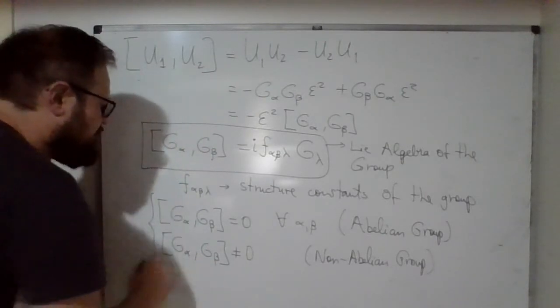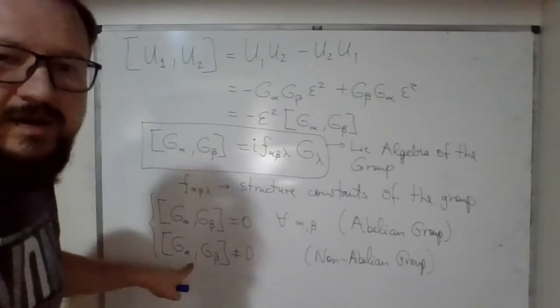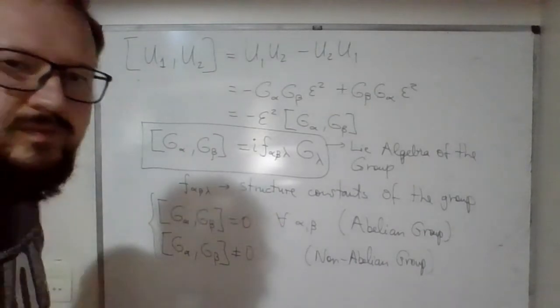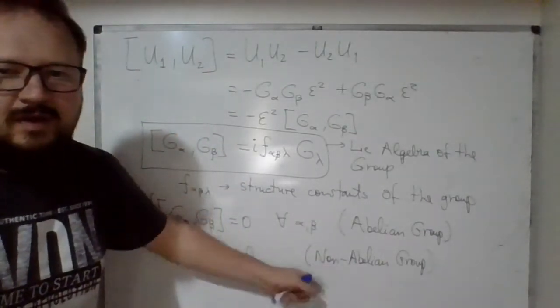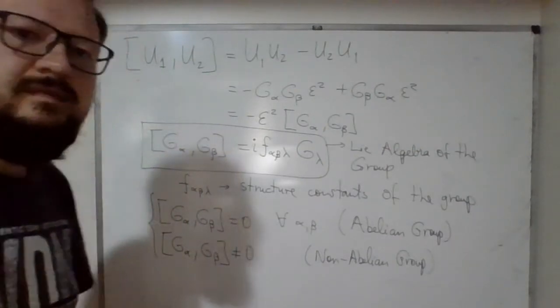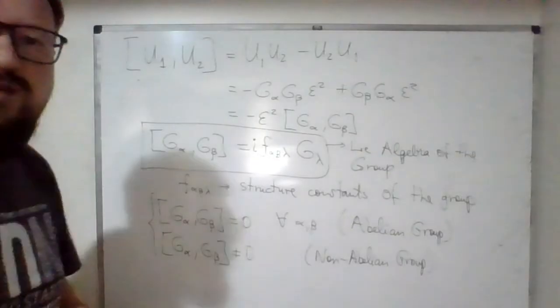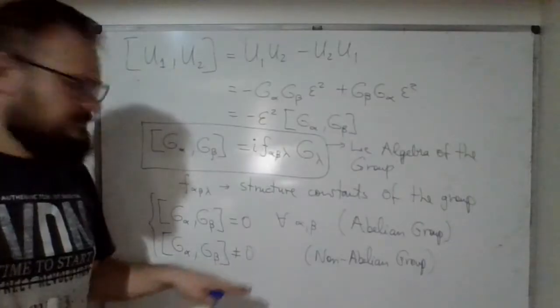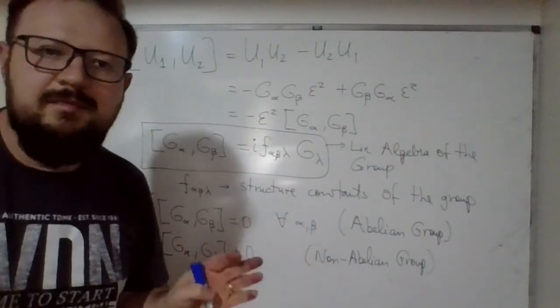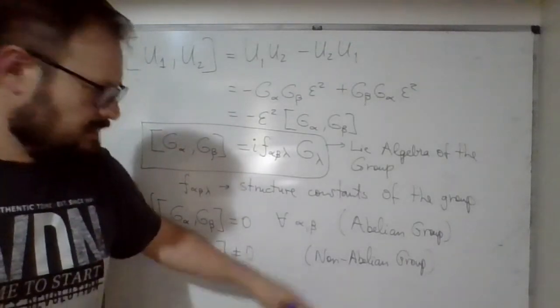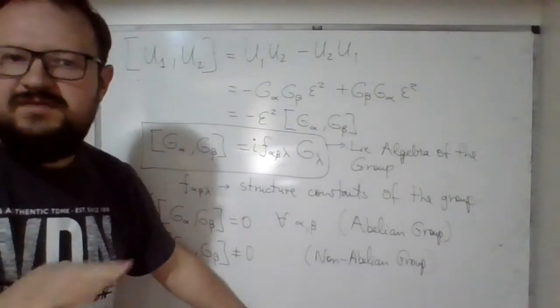There are applications in particle physics and in quantum mechanics of abelian groups and non-abelian groups, but perhaps for modern theories of elementary particles, non-abelian groups, which are related to Yang-Mills theories, are very, very, very important.